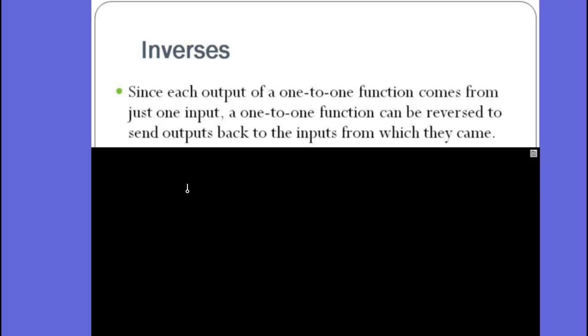So what we do is we send the outputs back to the inputs and the inputs back to the outputs. So the rule is, in order to have an actual inverse function, the original function has to be 1 to 1, so that there is only one output and input reverse.